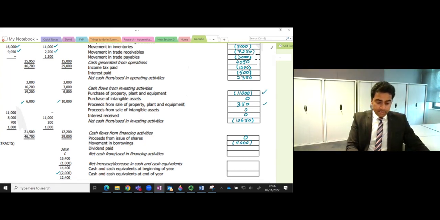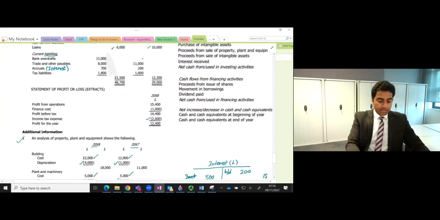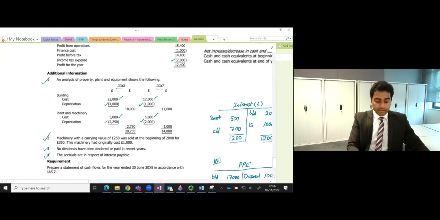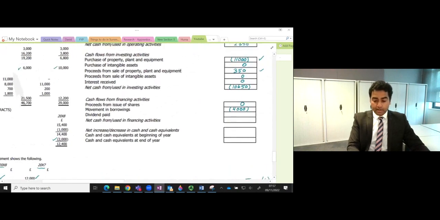Next is dividend paid. In the question, note number 3 says no dividend has been declared or paid in the recent year. Therefore, I'm going to record it as 0. So the total is minus £4,000.